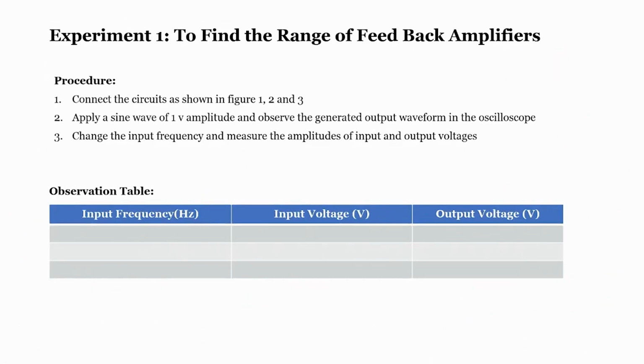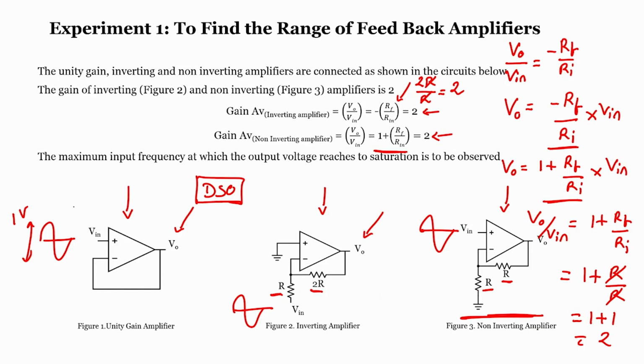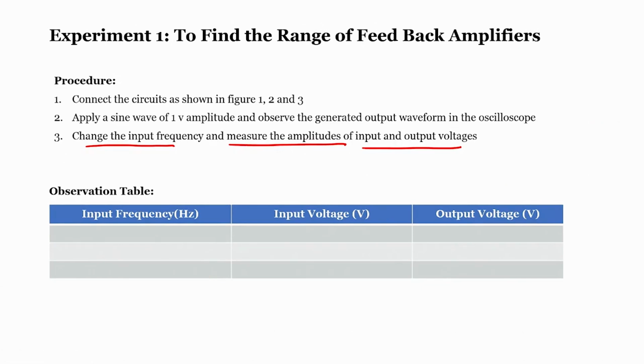Then change the input frequency and measure the amplitudes of input and output voltages. If I change my frequency here, I need to measure the change in my input and output voltage, that is the third step. So, if you see here, what we will do?